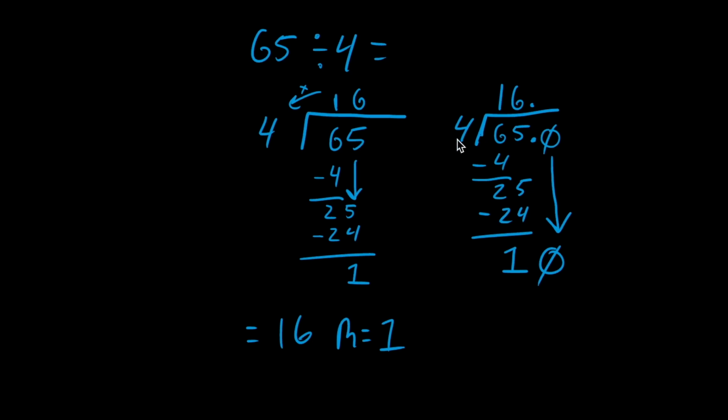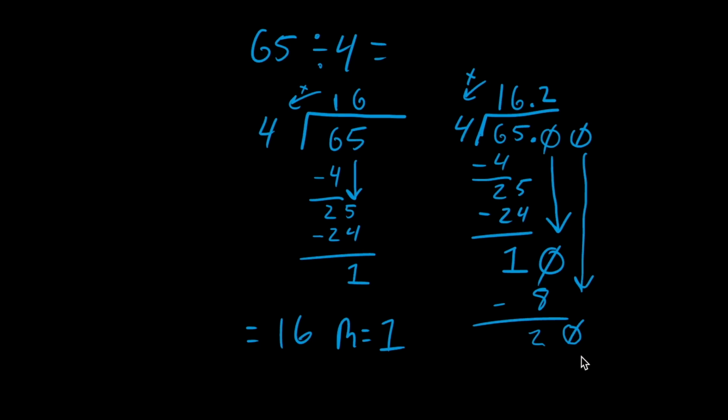Now, how many times can 4 fit into 10? 2. So I'll write the 2 above there. 2 times 4 is 8. And 10 minus 8 is 2. Can 4 go into 2? You cannot, so let's add another 0, bring it down. Now, can 4 fit into 20? Yes.